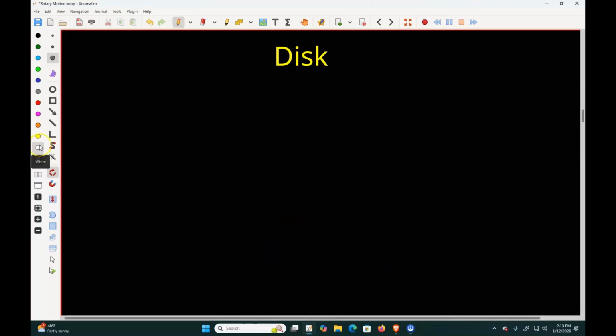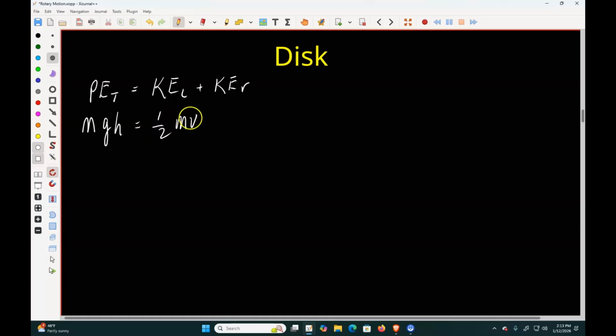Let's derive the formula for a disk rolling down an inclined plane. Potential energy at the top is equal to the kinetic energy linear plus the kinetic energy for rotation. Mass times gravity times height equals 1/2 mass times velocity squared plus 1/2 I omega squared.